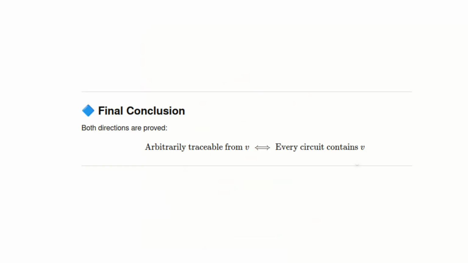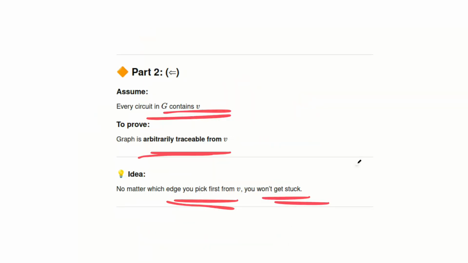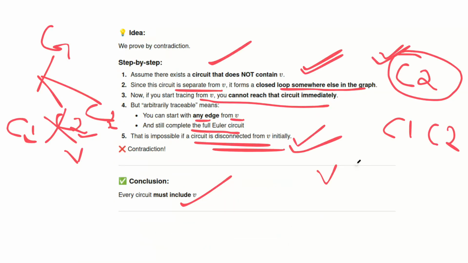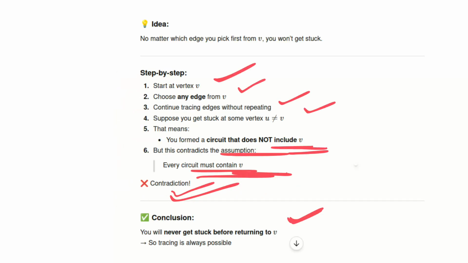Arbitrary traceable from V means every circuit contains V in it, right? So we are going to prove it in both ways. In the second part, our assumption is that every circuit in G contains V. We start from the vertex V and choose any edge from V. You move along the edges in such a way that you are not repeating any edges.